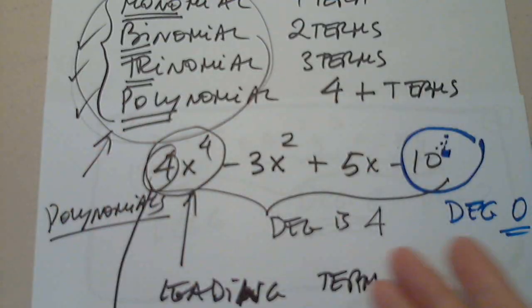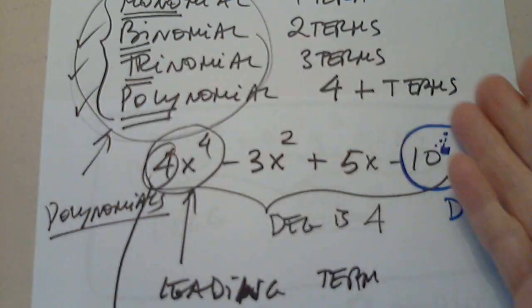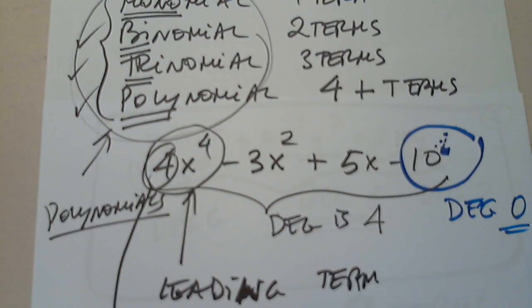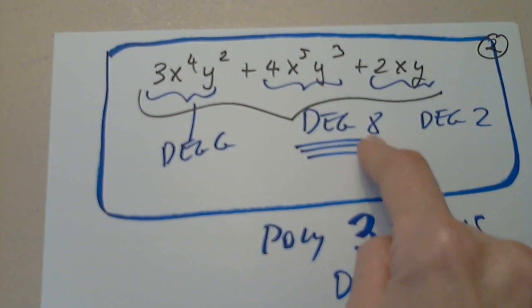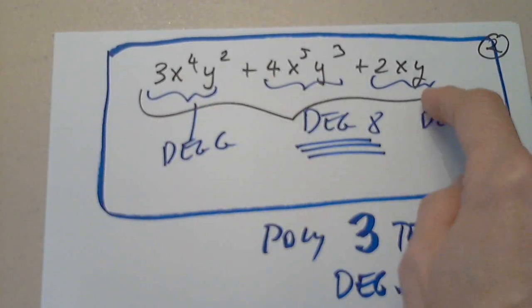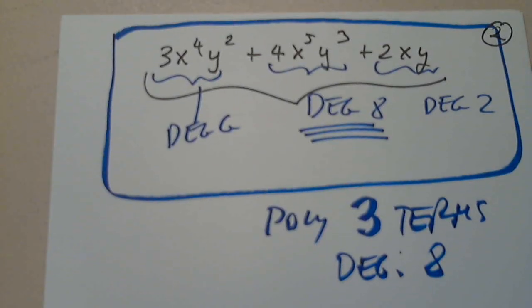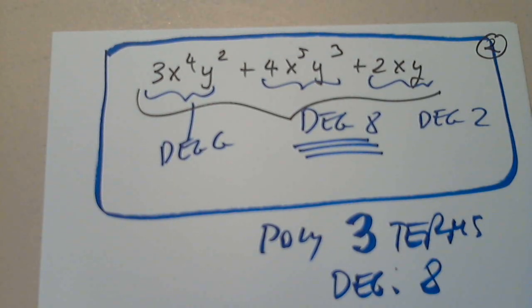I'm finding the highest. And the highest transfers its degree over the entire thing. The same thing here. I'm not adding degrees of monomials. No, I only add inside the monomial. Inside each term, I add powers of variables. Not degrees, sorry.